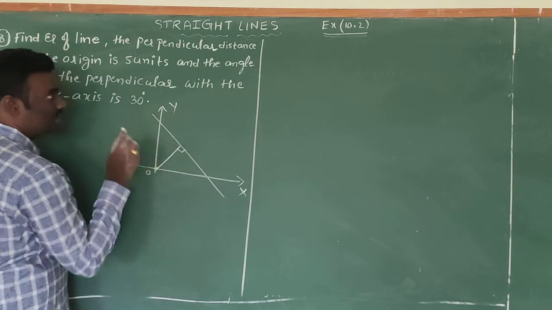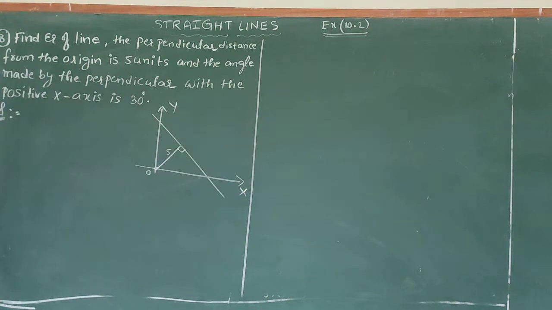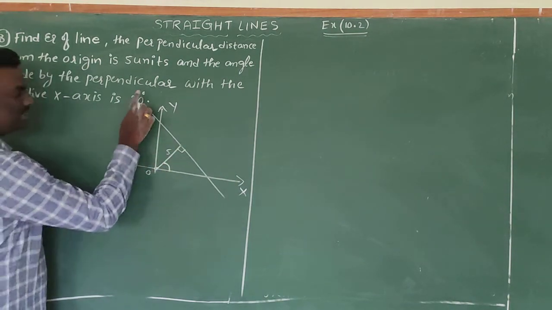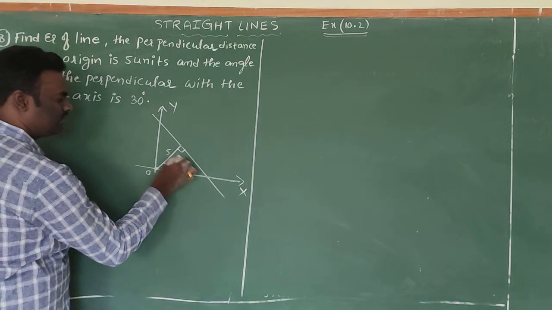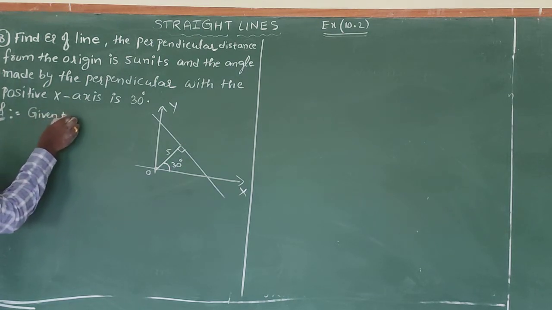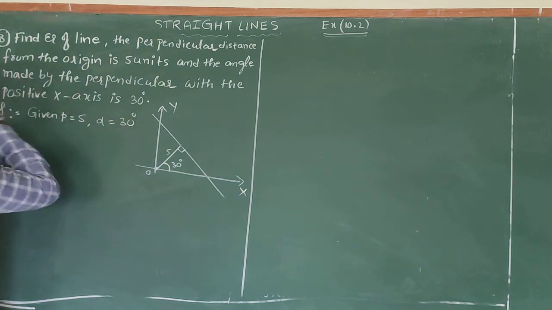This distance is 5. And this perpendicular makes an angle with the x-axis, that is 30 degrees. Given, P is equal to 5 and alpha is equal to 30.